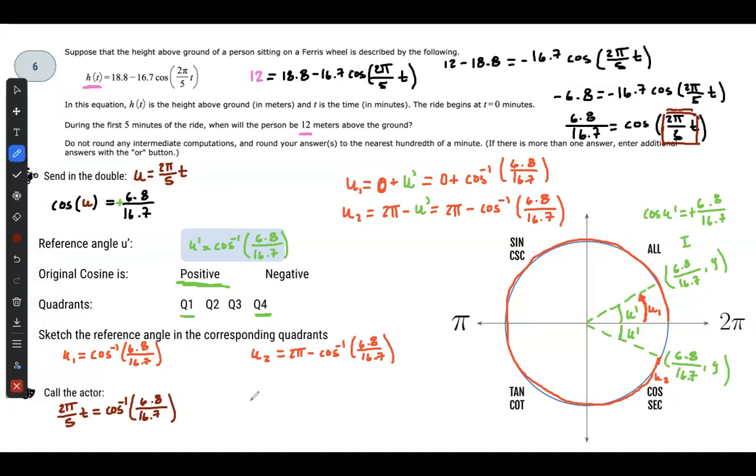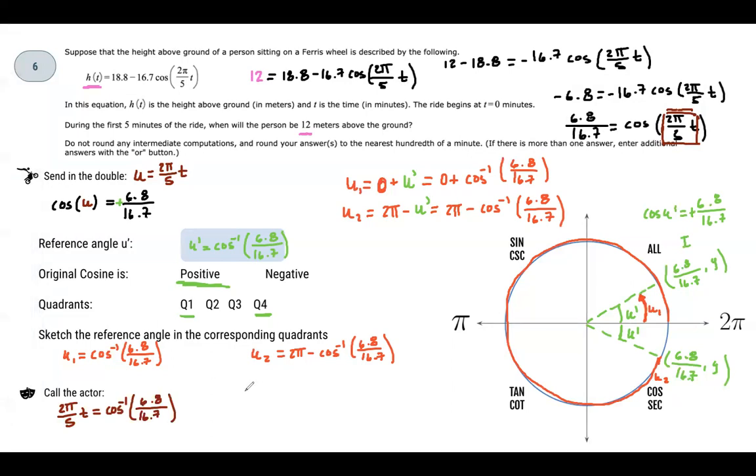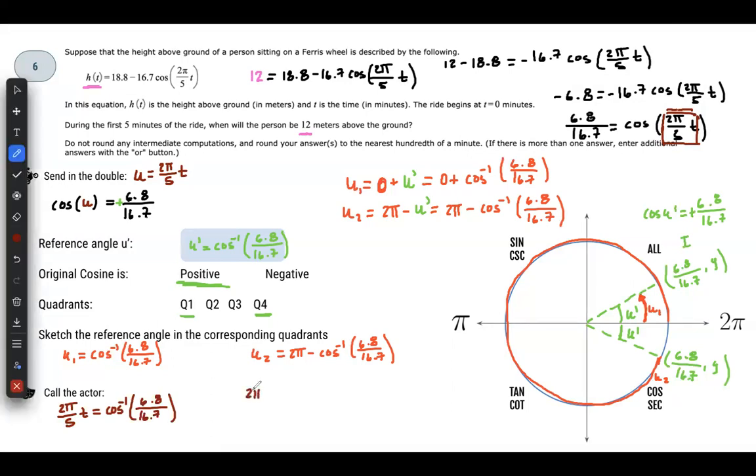And that's the same factor that I'm going to bring back here. 2 pi over 5t is equal to 2 pi minus the inverse cosine of 6.8 over 16.7. And simply, I'm going to solve for t.